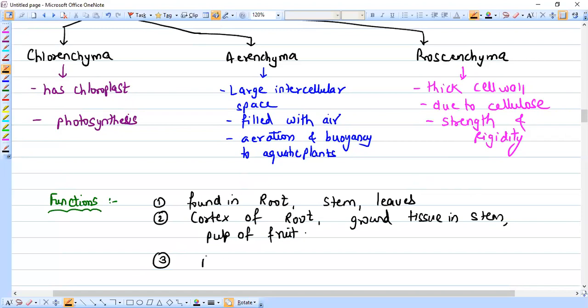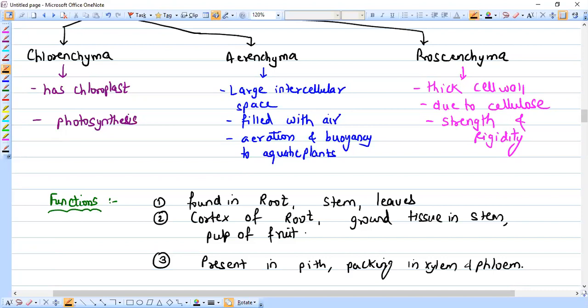Third, this is responsible for the formation of pith. So it is present in pith, the central space, and it also acts as a packing material in xylem and phloem. So in xylem and phloem, if you see a packing material, it is because of the parenchyma. So this is all what you should know about the parenchyma.